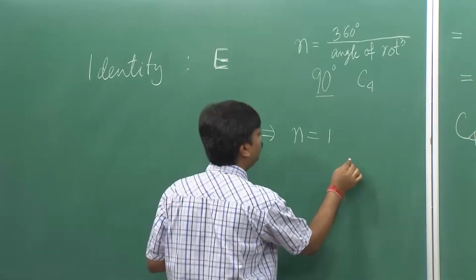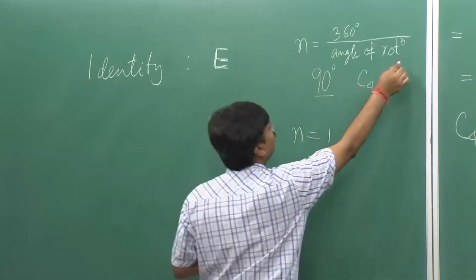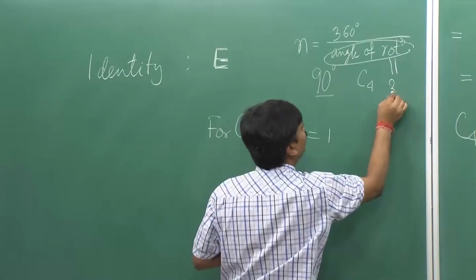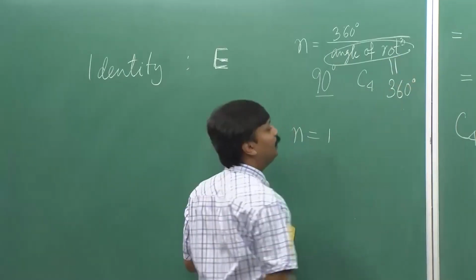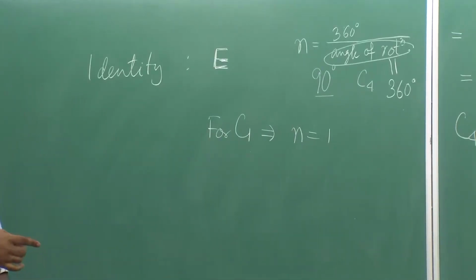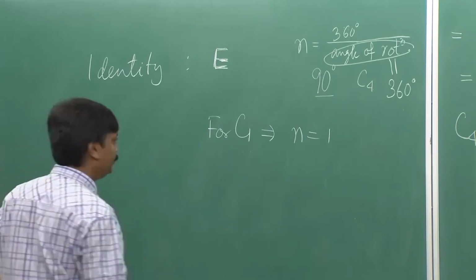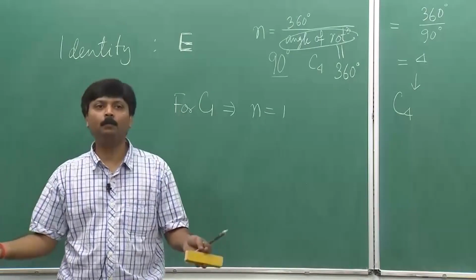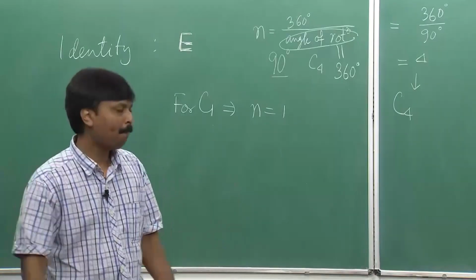So n equals 1 means I must have a situation where the angle of rotation is equal to 360 degrees. This is exactly the case we described just some time back when we were discussing the identity operation, right? So that's why C1 is not mentioned anywhere, because C1 and E are the same.